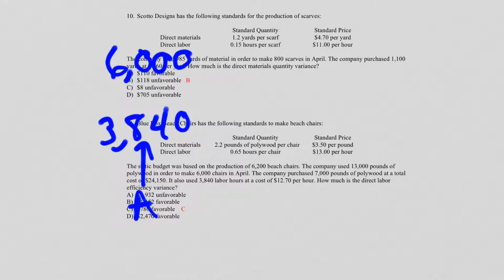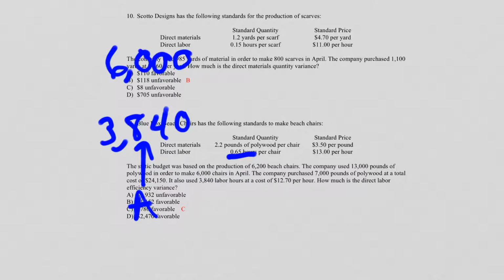And let's see, what would the standard amount of hours be that should have been used for 6,000 chairs? So it was 13 per hour, but how many hours? There you go, 0.65 hours per chair. 13's the, don't look at what I underlined here, because that's just the cost, and we're not interested in cost right now. We're interested in efficiency.